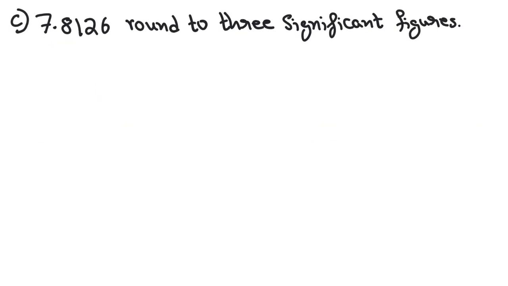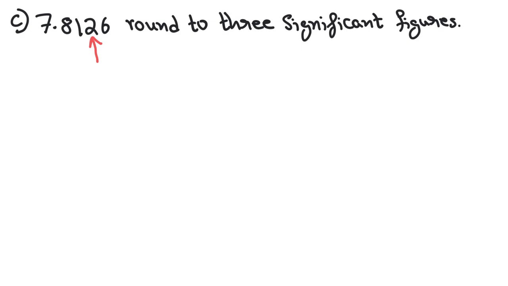Let's look at this. 7.8126, round to 3 significant figures. Now this 7 is the first significant figure, then the second significant figure, the third significant figure. We are supposed to round to 3 significant figures, so we will look at the fourth significant figure, which is 2.